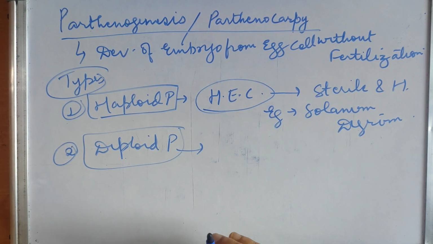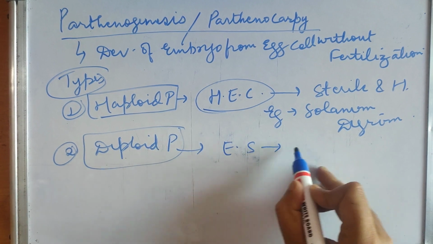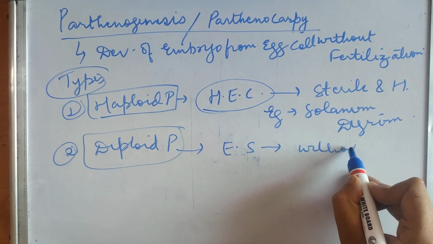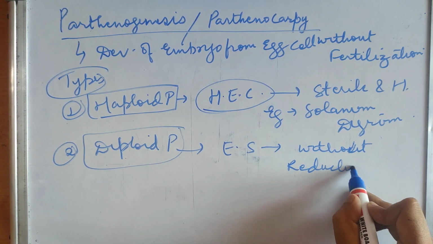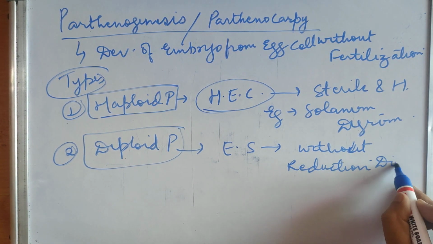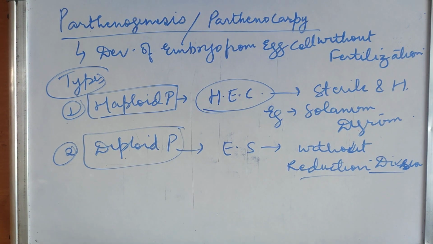The second is diploid parthenocarpy. Here the embryo sac develops without reduction division. You should know what reduction division is; I have taught it earlier in meiosis and mitosis.